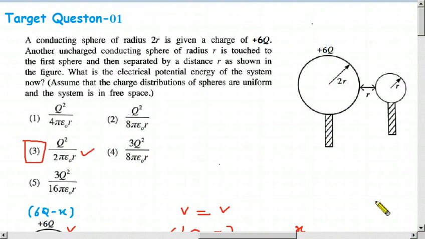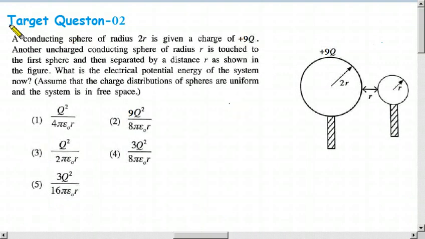So now let us go to target question 2. Children, here is our target question number 2. As previously, you have to try this on your own, honestly, without watching my solution.